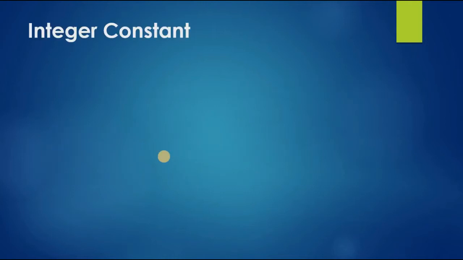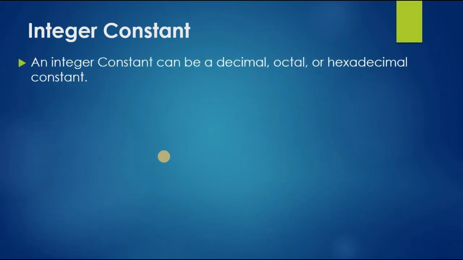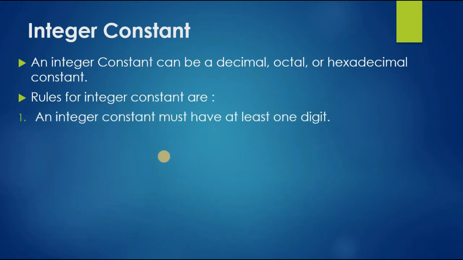Next we will see integer constant. Integer constant is a primary constant. An integer constant can be a decimal, octal or hexadecimal constant. Octal and hexadecimal are number systems. There are some rules for the integer constant. These are as follows.